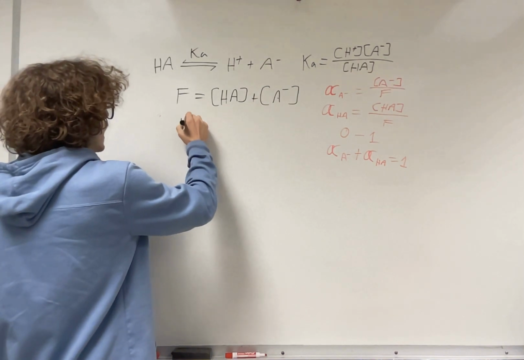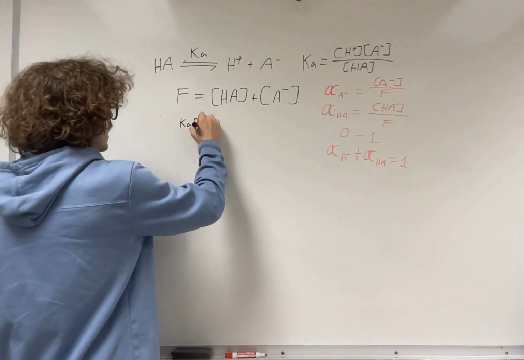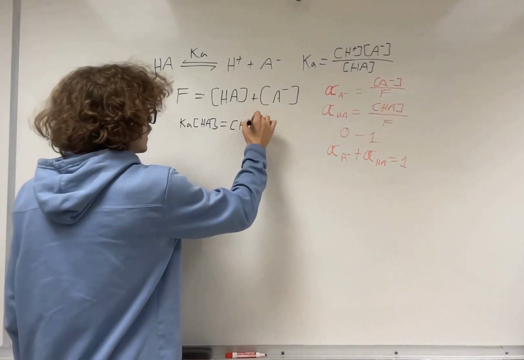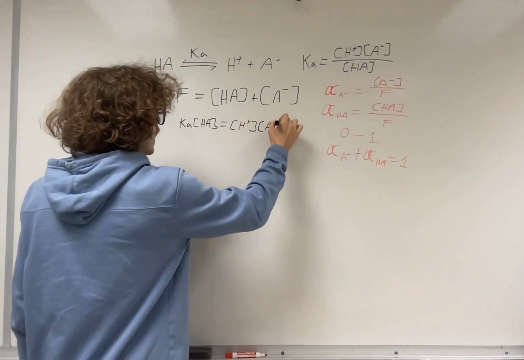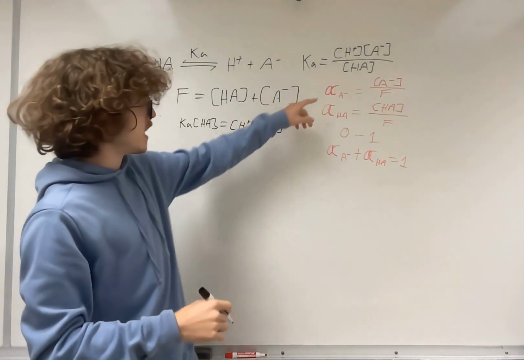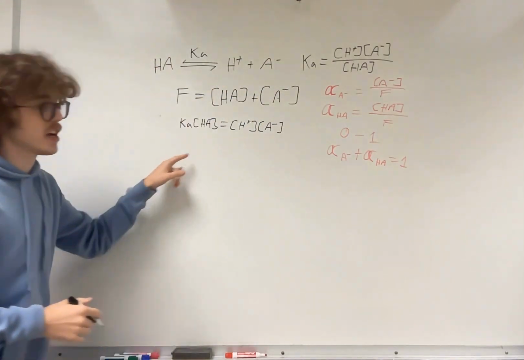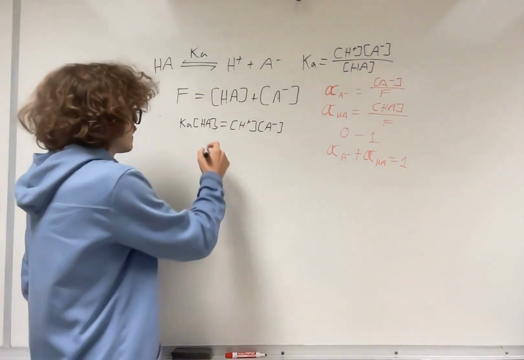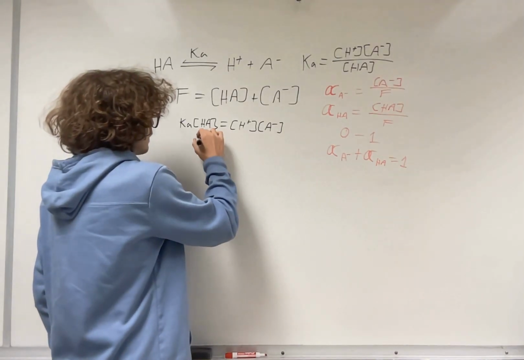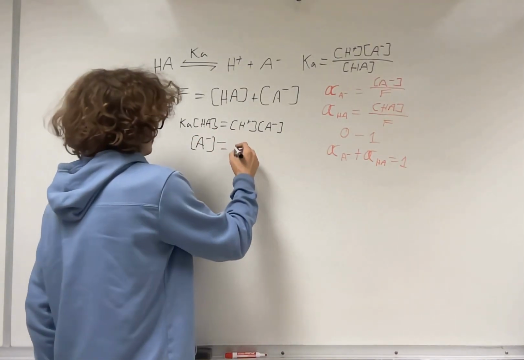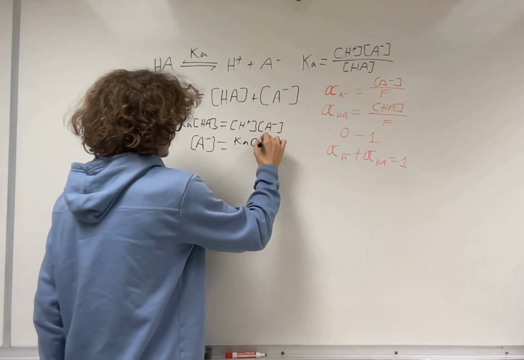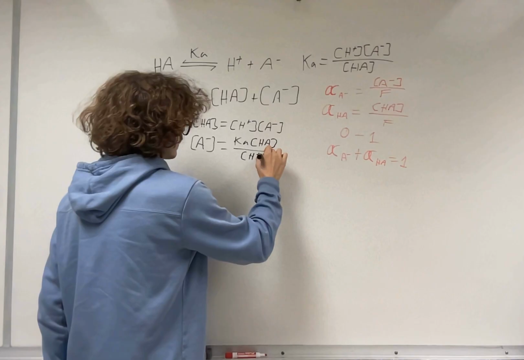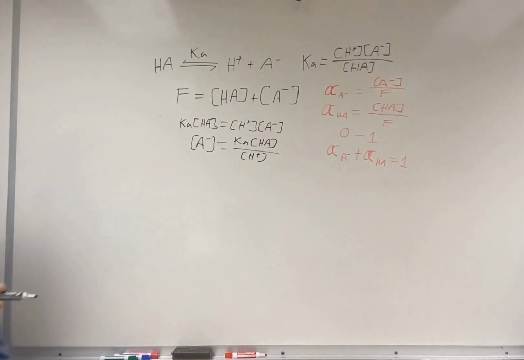So we know that Ka times HA equals H plus times A minus. Realize all I did was multiply over the HA on both sides. Now divide by H plus and you'll get something that will give you A minus. So, Ka times HA all over H plus will give you A minus.